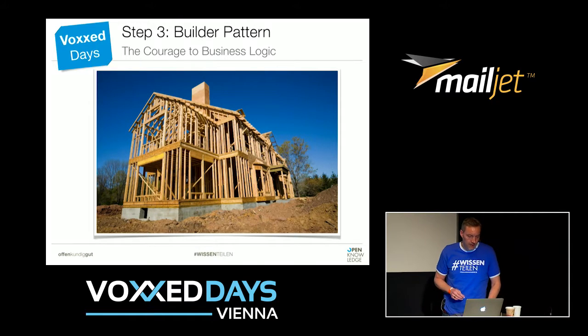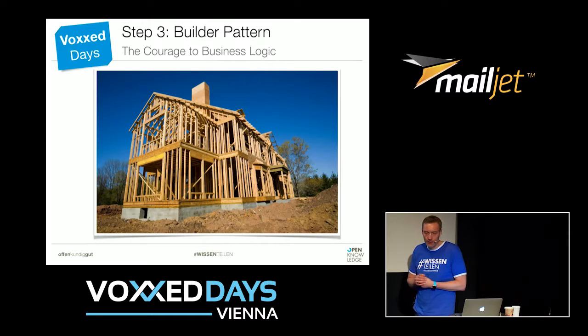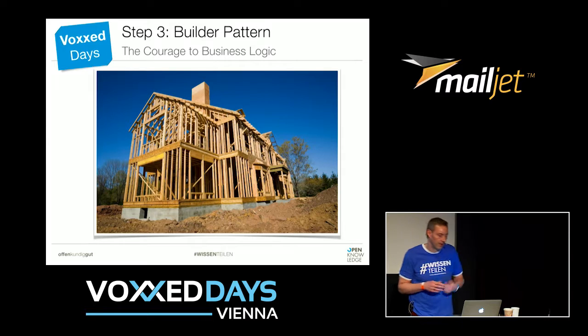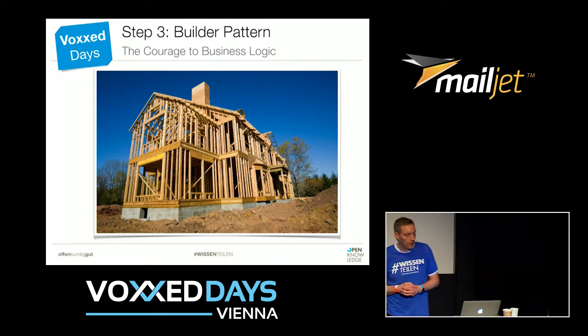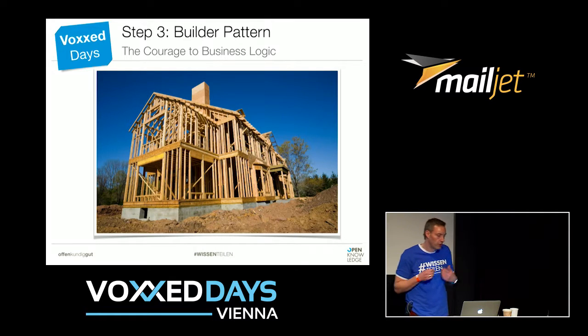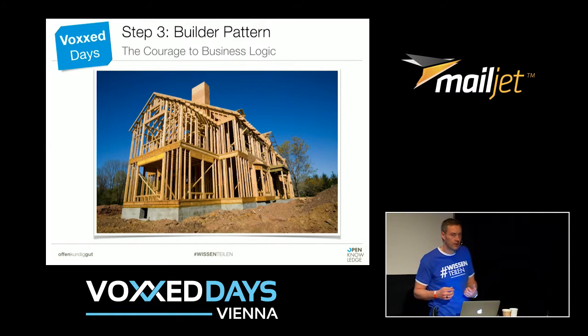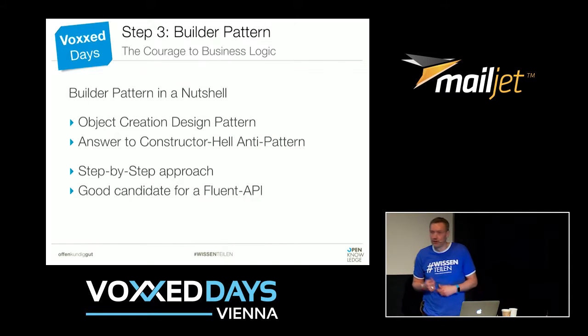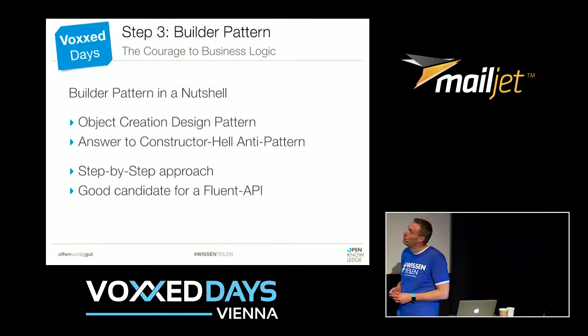And as I said before, what we want is to create a rich domain model, which we can reach with these value objects and rich entities. And I also said that we want to create and keep it in a consistent way. So, builder pattern in a nutshell is a pattern to create objects in a consistent way.